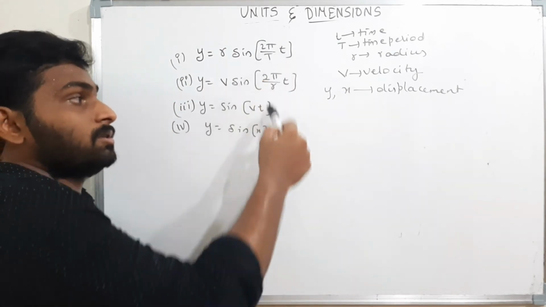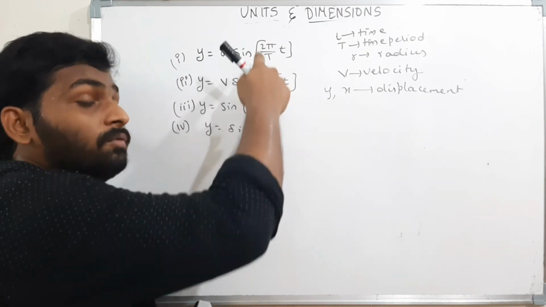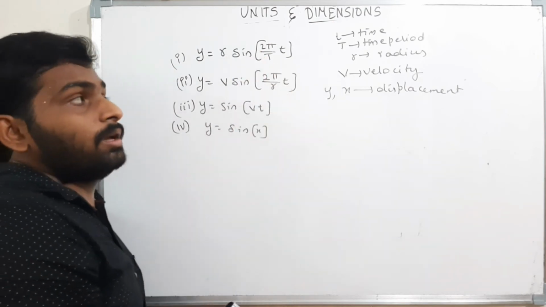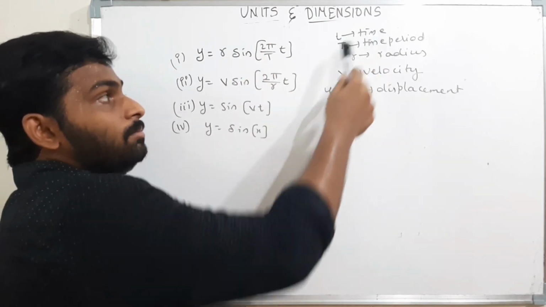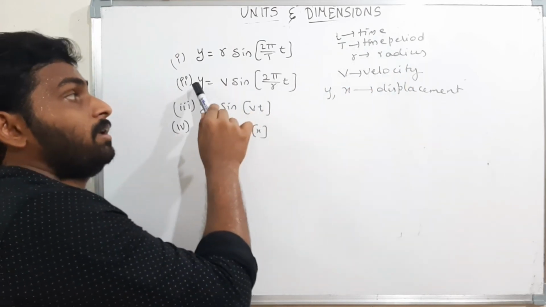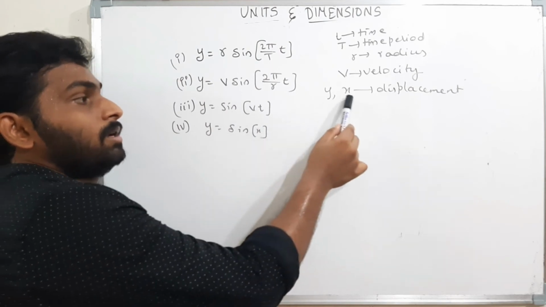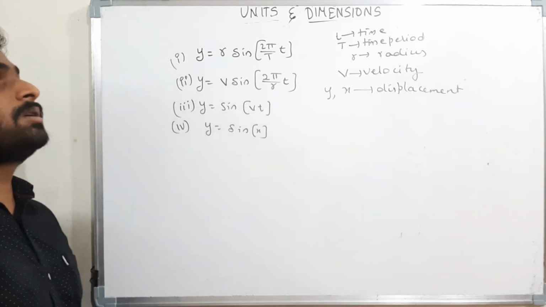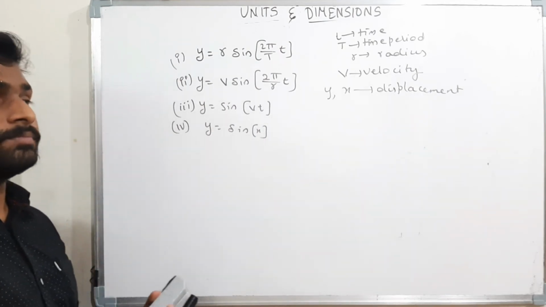They gave four equations and told us to find which of the following equations are correct, with the respective terms defined. Now see which of the following equations are correct.